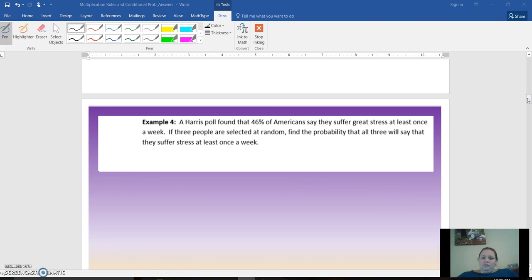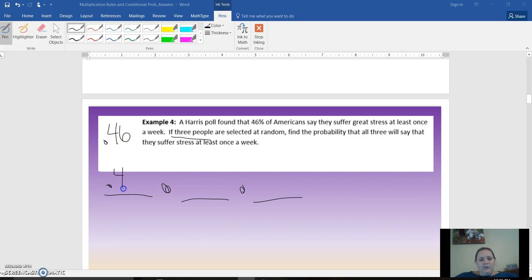A Harris poll found that 46% of Americans say they suffer stress at least once a week. 3 people are selected. Find the probability that all 3 will say they suffer stress once a week. Another way to ask this problem is person 1 suffers stress and person 2 suffers stress and person 3 suffers stress. And the word and means to multiply. 46% as a decimal is 0.46.